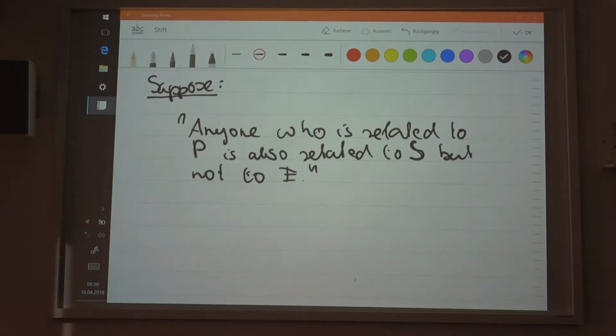Suppose that this is true, and there are actually 3 statements, and you have to select those that are true.